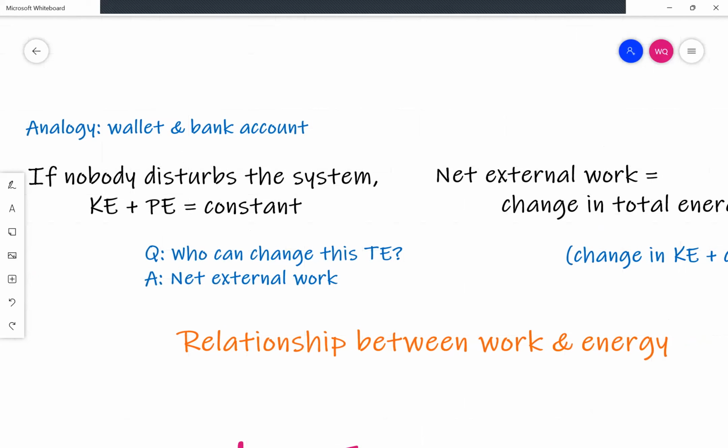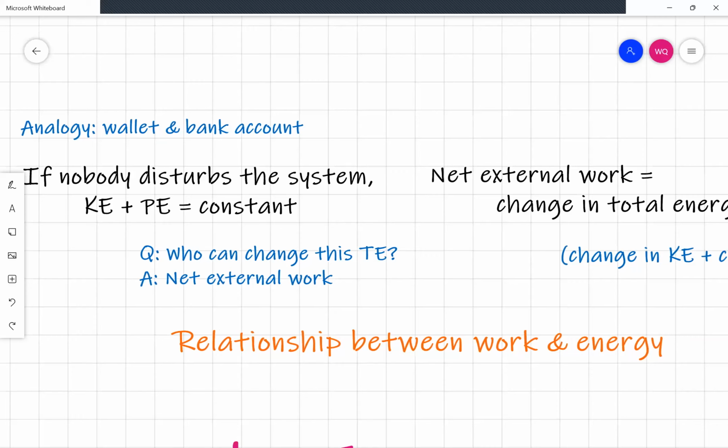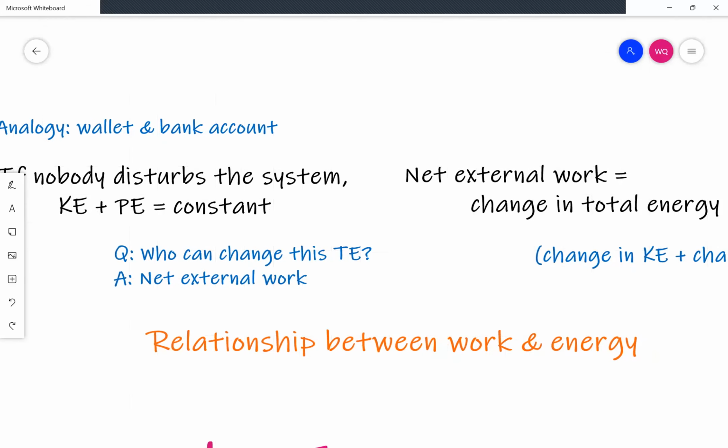So essentially, work is the thing that causes total energy to change. And what work? External work. Work done by external forces. And in a system, often there could be more than one force acting on it.